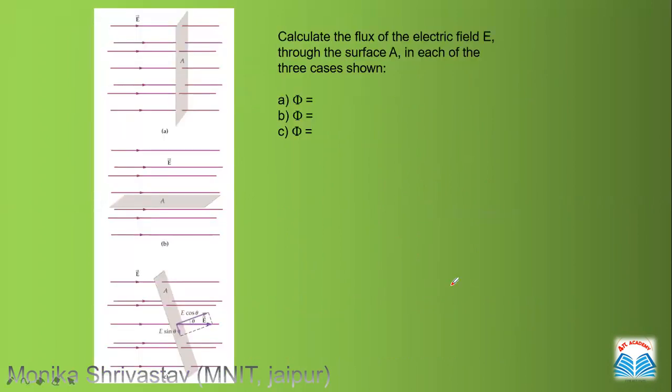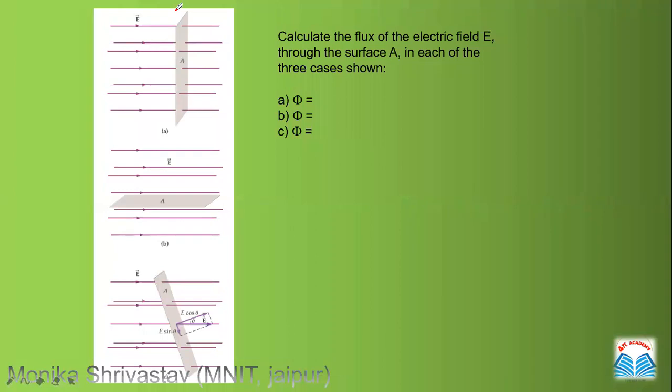So what you guys have to do here is calculate the flux of the electric field through this surface of area A. Here is a frame of area A, and there are three cases, A, B, and C. You can see them on your screen, and you have to tell me what the flux will be. So what will be the flux in case A? Anyone? Fast, please tell me what will be phi for A. E into A, because cos theta is 1.